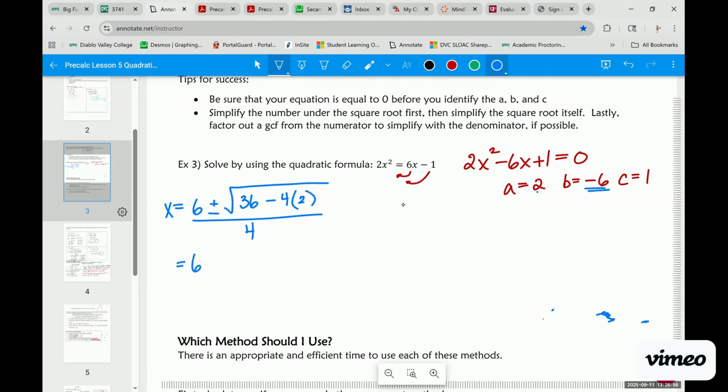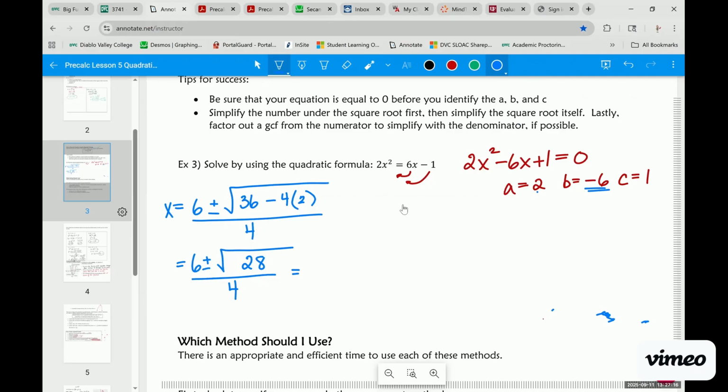Now comes the work of simplifying. So the first thing you want to simplify is the inside of the square root. So 36 minus 8 is 28. And the next thing you want to do is see if you can simplify this radical at all.